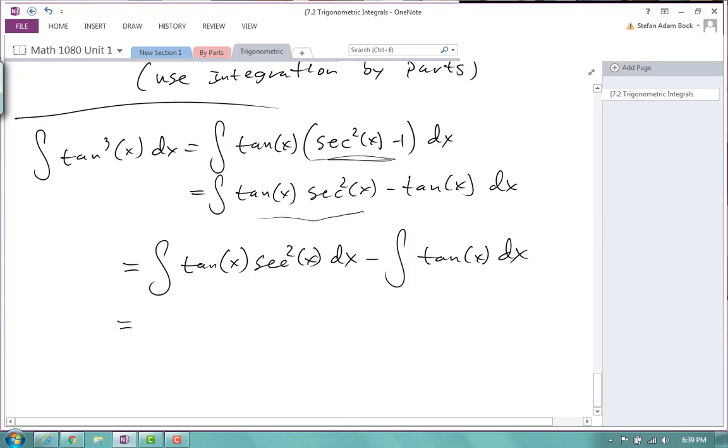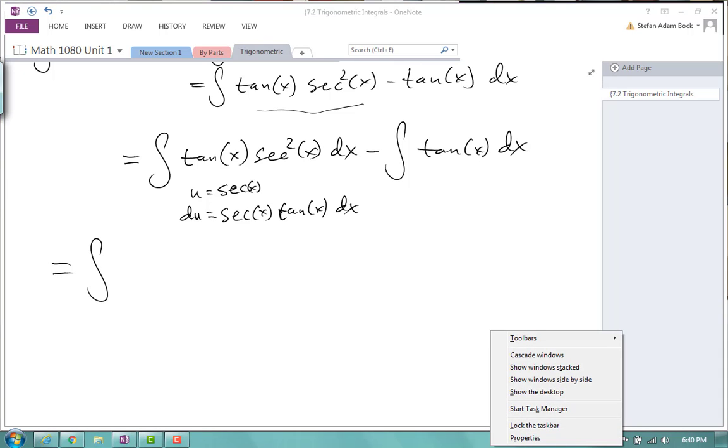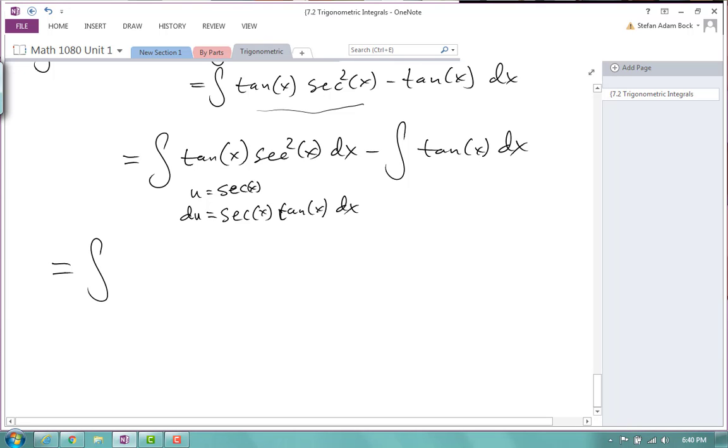So for this first one, I would do u equal to secant of x, and the du is therefore secant of x times tangent of x dx. And it's important to have at least one secant to deal with that. So then I'll get the integral secant times tangent, so tangent and one of these secants is the du, and I'll have one secant left over.